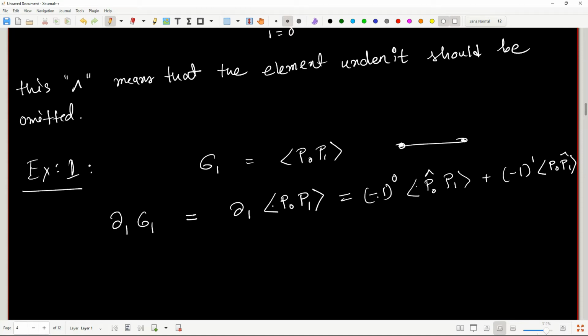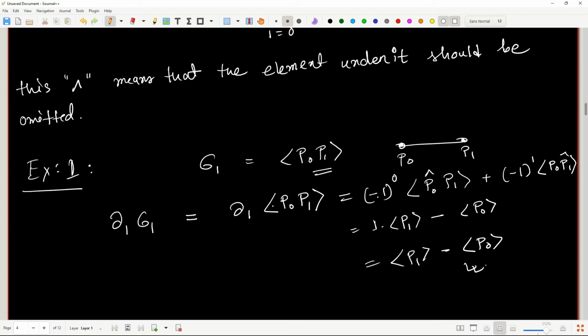Now the hat tells us to omit that element, so this is just 1 times p1, and this is a minus p0. So the boundary operator acting on this 1 simplex will give us p1 minus p0.